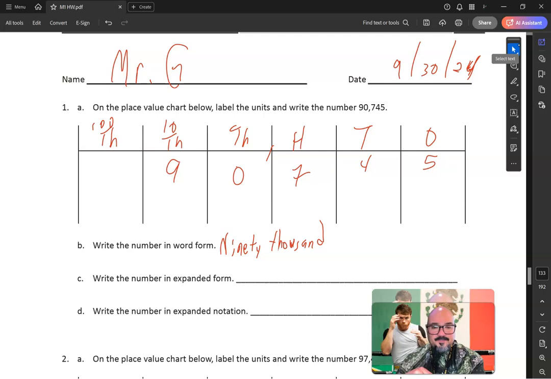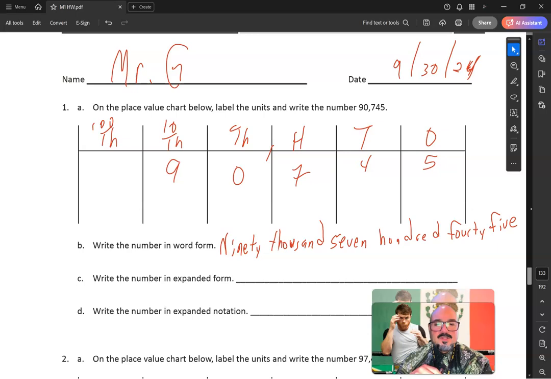That's a U. 90,745. 45. And sorry about the handwriting, it's pretty bad. So sorry about that. 90,745.